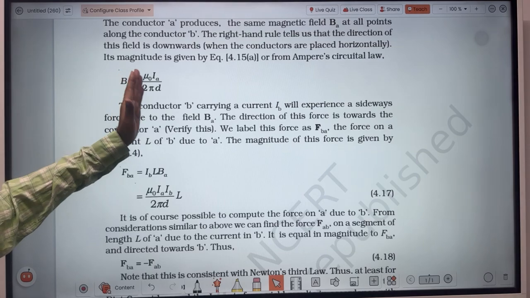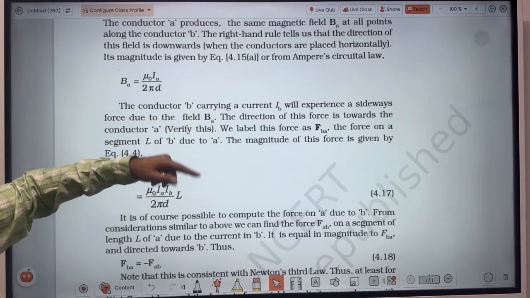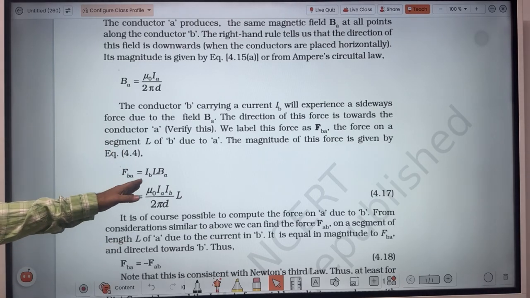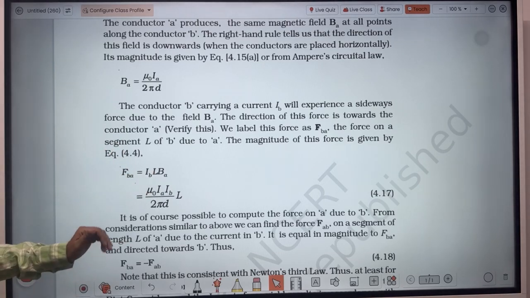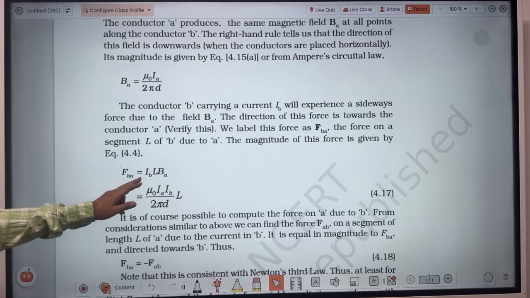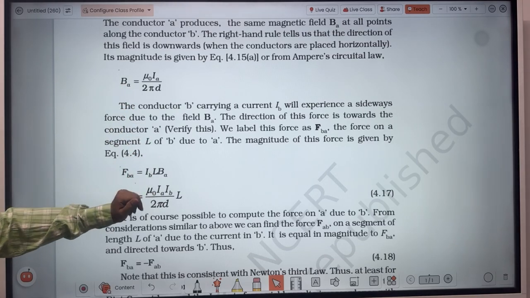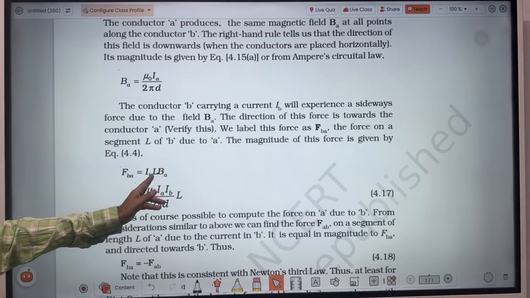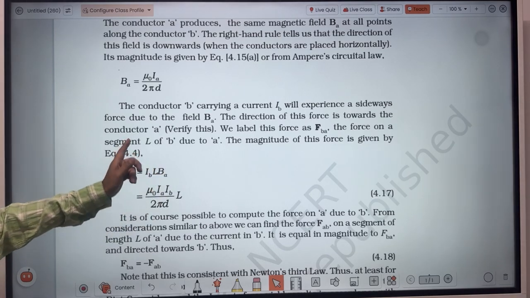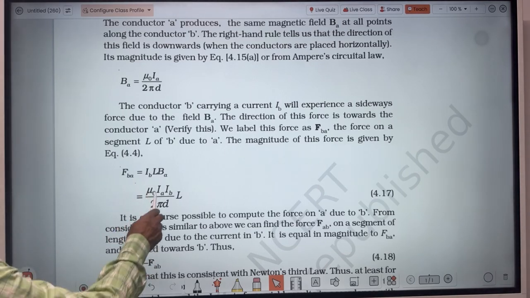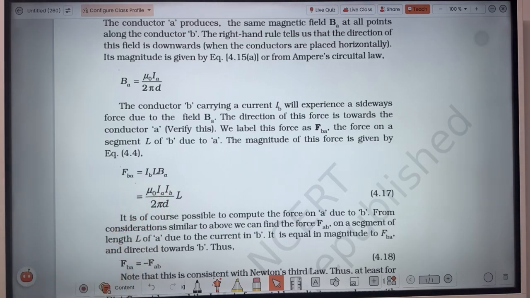I'm making it a little bigger so that it becomes clearly visible. This is at the site of the second conductor. Now the second conductor will experience a force given by the formula BIL, with theta taken as 90 degrees. So FBA will be this BA times the second conductor's length times the current carried by it. After putting values, we get mu naught IA IB divided by 2 pi D.